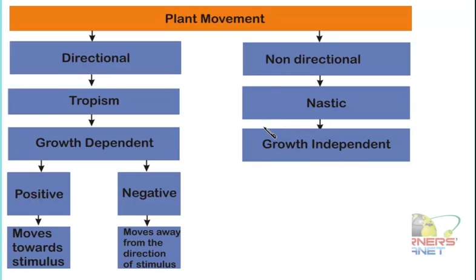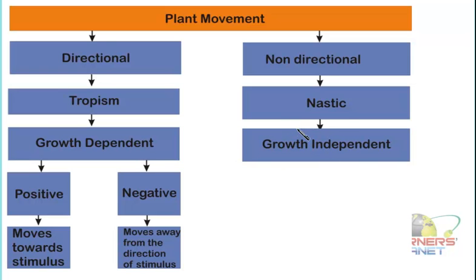It doesn't matter where the stimulus is coming from. Wherever the stimulus is generated, the response is going to be in a particular way only. It is not dependent on the direction of the stimulus. In short, the whole part of the plant which is under this process is going to show this particular effect.